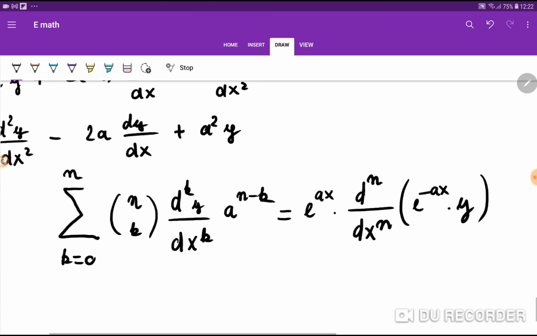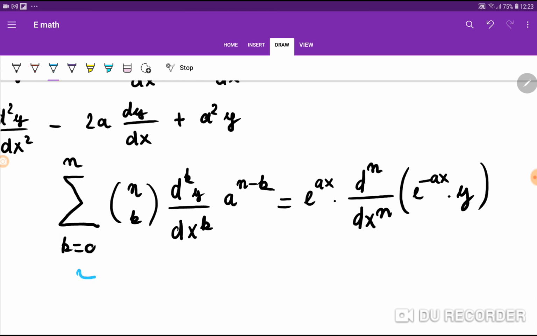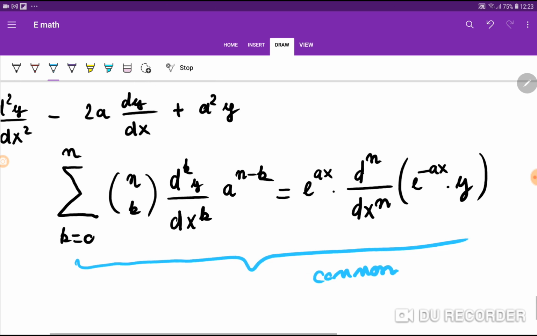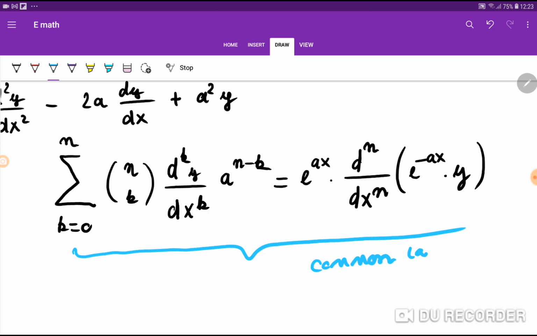Yeah, that's basically in common language, or derivative operator language.